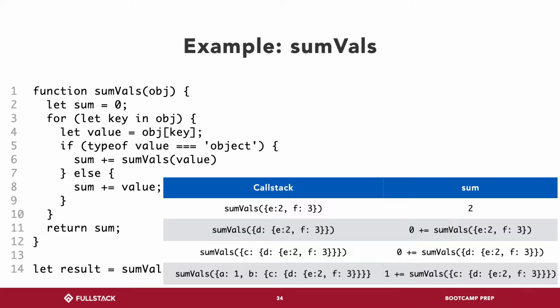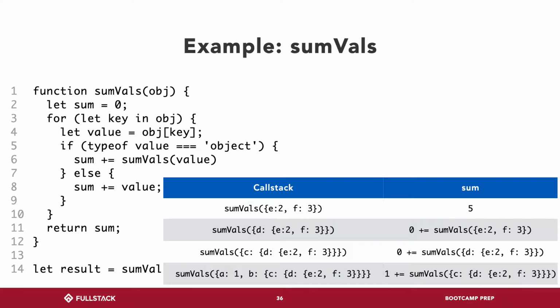Continue that for in loop with the next thing, which is F and 3. Sum is now 2, but now it's going to be plus equals to 3 in this situation. The value is 3. So now the sum is 5. And now there's no more keys inside this object, so the for in loop is done running in this function call.